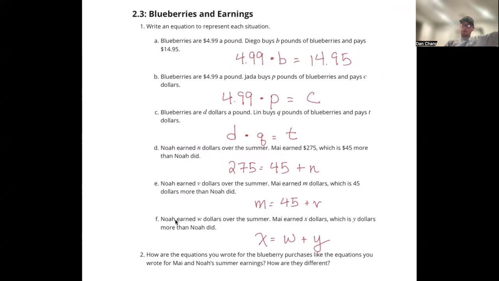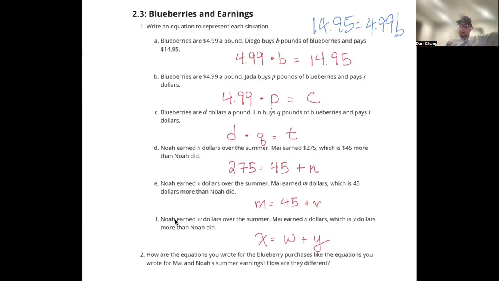Now you could write these equations in a lot of different ways. So maybe instead of 4.99 times B equals 14 dollars and 95 cents, maybe you wrote 14.95 equals 4.99 B, like that. That's perfect. For each of these, you should be able to write the equation 2 or 3 separate ways.